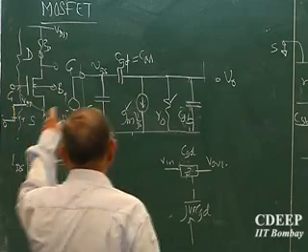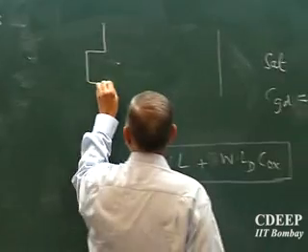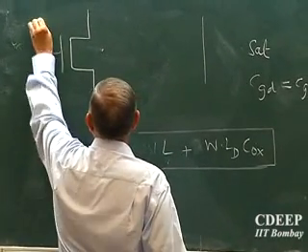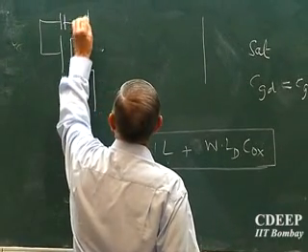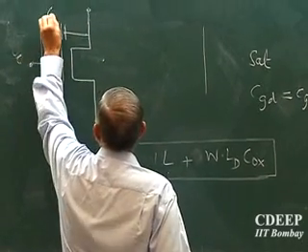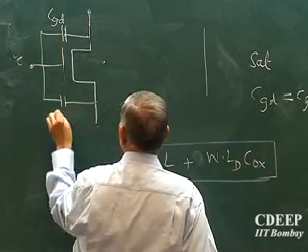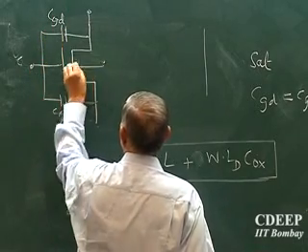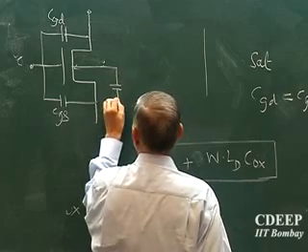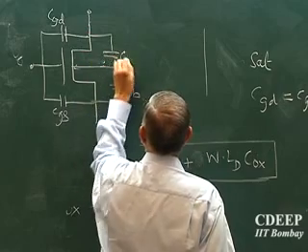Where do I show this in my transistor, which this device will show you? Now you see the capacitance. Which value is this? What is this value? CGD. This is CGS. There is a CSB. There is a CDB.